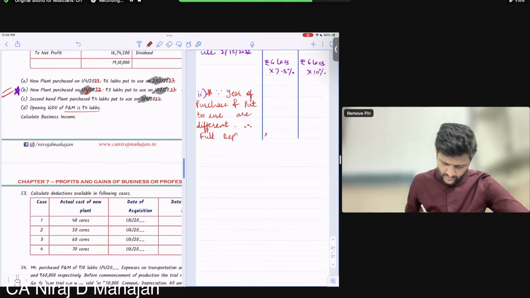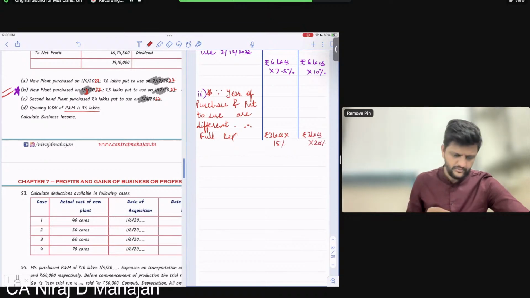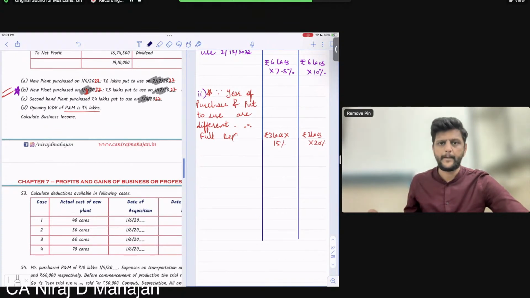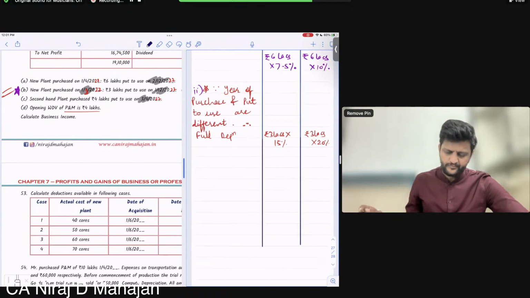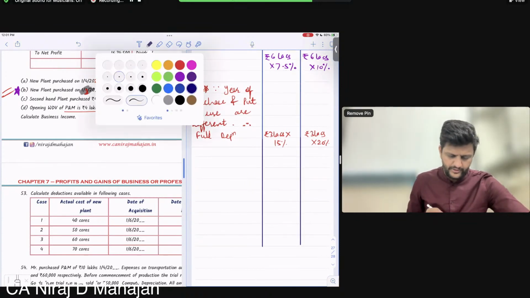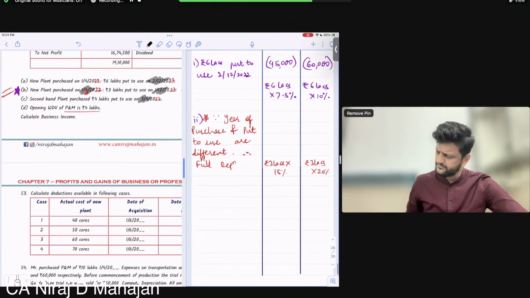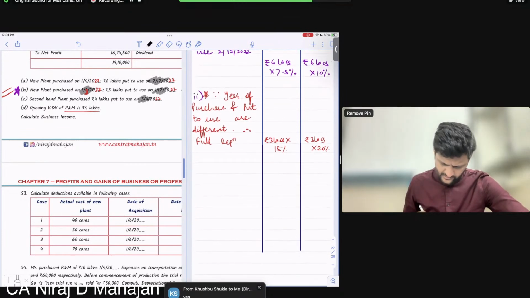So it is about rupees 3 lakhs, no? Fine, everybody? So 45,000 again here. Correct, no? Same figures. In here 60,000. Fine till here, all of you?